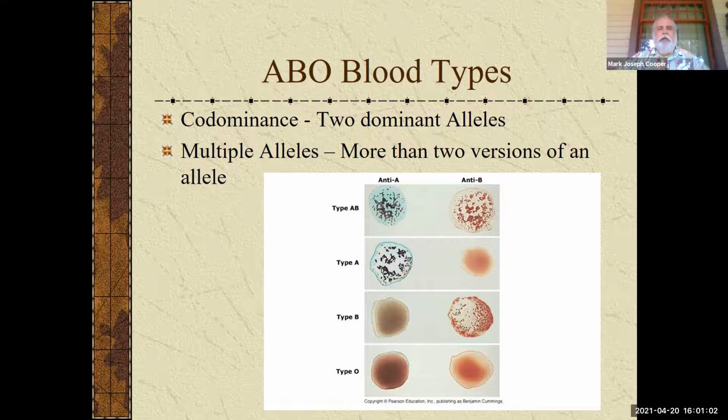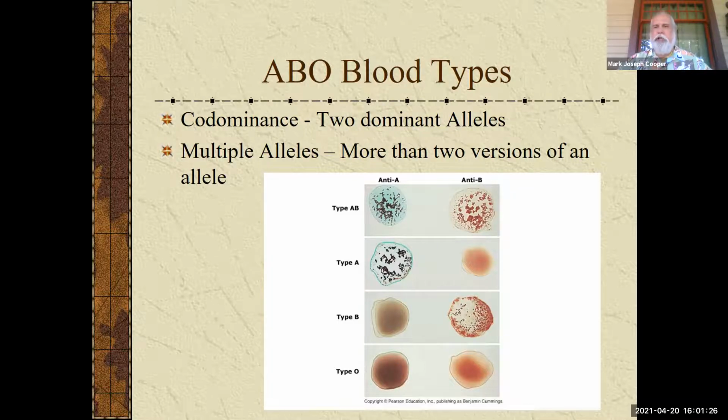Where here, we're actually going to have it represented a little bit differently. There's two dominant traits. So they usually label A as I to the large A. That's one allele. I to the large B. That's the second allele. And then a small i, which is the recessive allele.